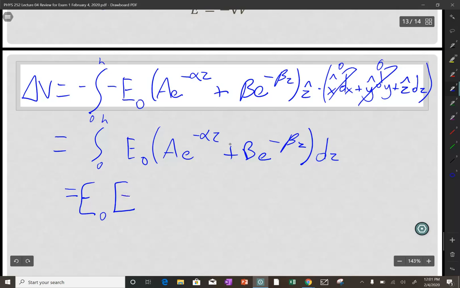Then it's going to be negative alpha A e to the negative alpha z.